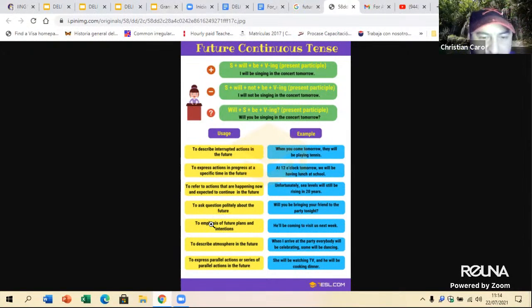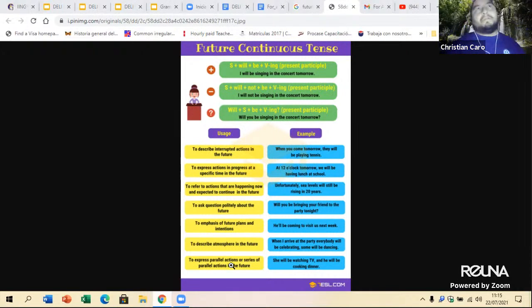So, to emphasize future plans and intentions, he'll be coming to visit us, como para énfasis. No es que uno normalmente habla así. To describe atmosphere in the future. Sí, como, cuando yo llegue va a estar pasando esto. And to express parallel actions, a series of parallel actions in the future.